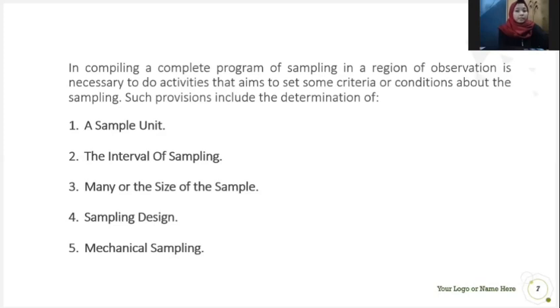Mechanical sampling. Mechanical sampling of insects is a technique to obtain, collect, and count the individual insects that were observed or materials left behind by the insect in the sample units that have been determined.